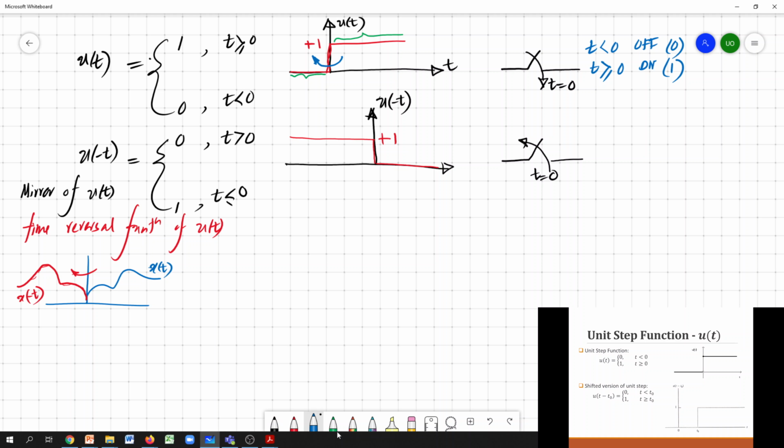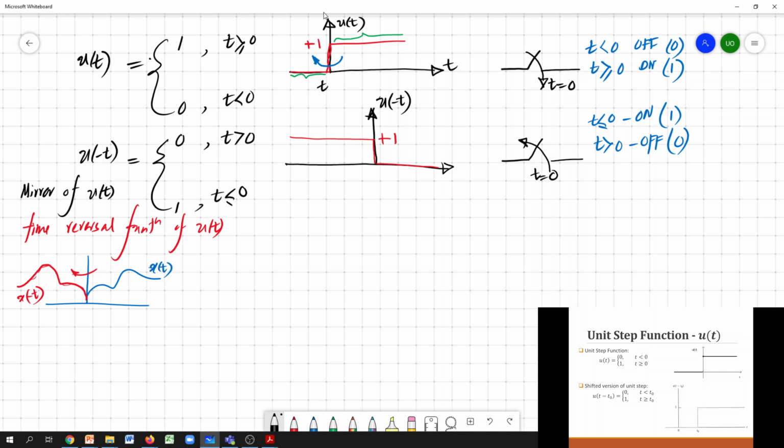Similarly, for t less than or equal to 0, this was in the on state, and we claim that the state is 1. For t greater than 0, this moves to the off state. So it was 1, and then at t equals 0, this drops to 0.